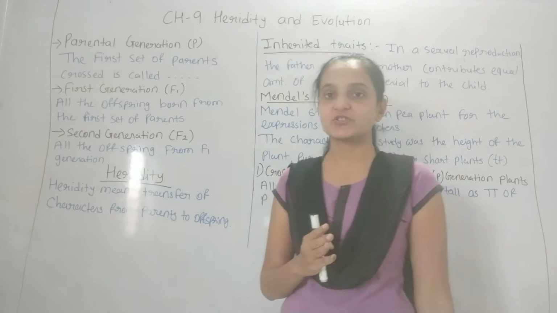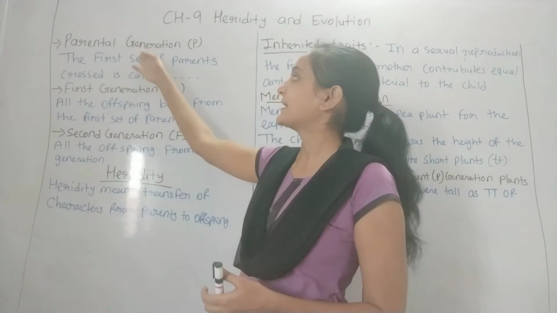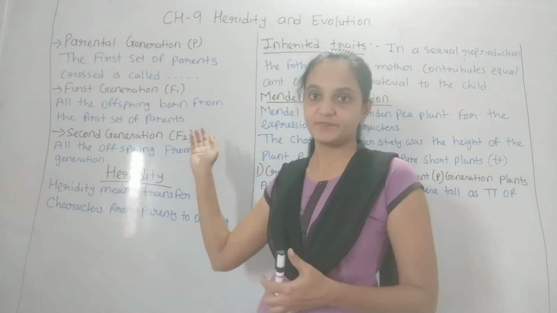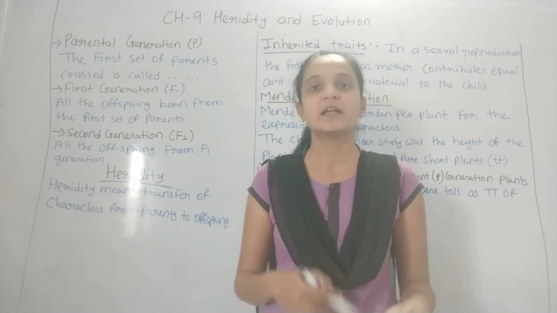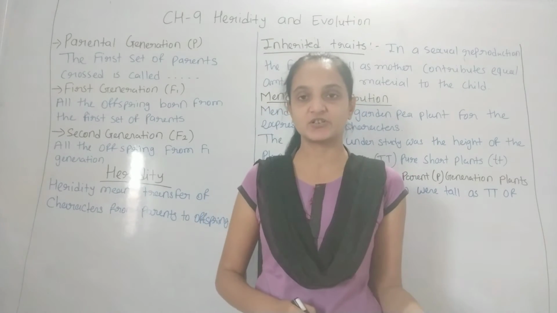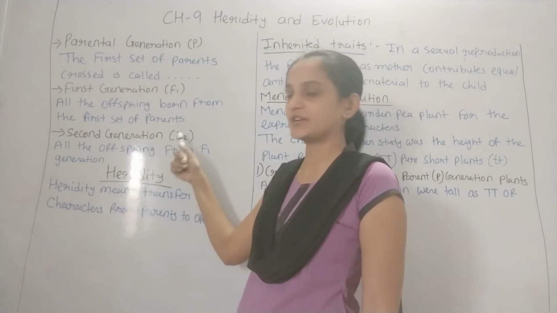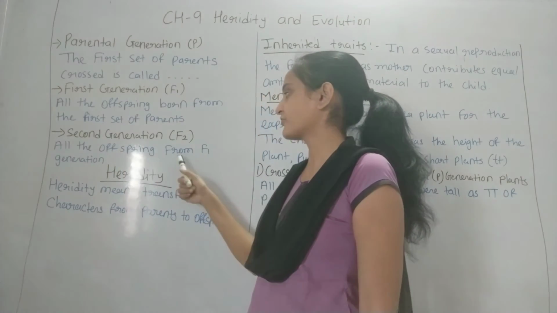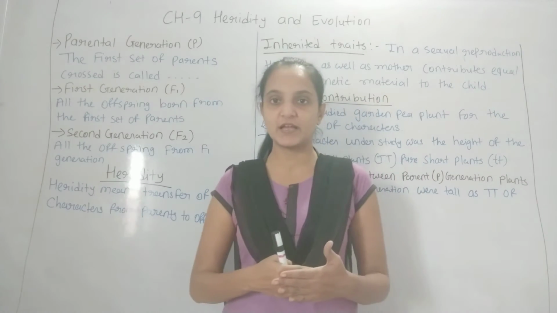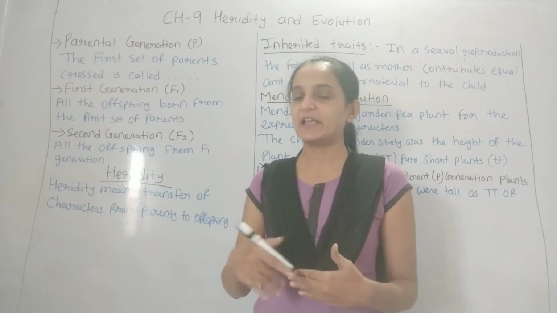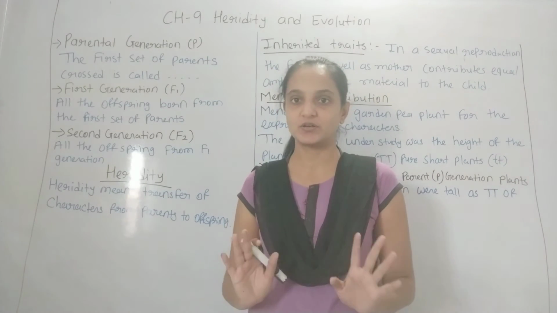So the first generation is the generation produced by the cross-pollination of the parental generation, right? And the generation that is produced after F1 can be considered as the F2 generation, right? The definition of F2 generation or second generation is all the offspring from the F1 generation. It means that what is produced from the parental generation is the F1 generation, and what is produced from the F1 generation is called the F2 generation in short, right?